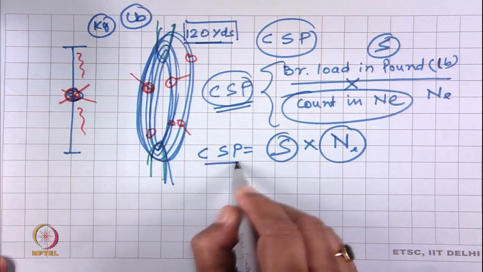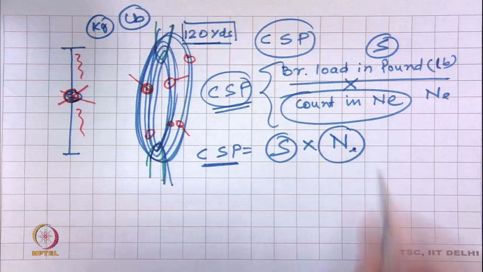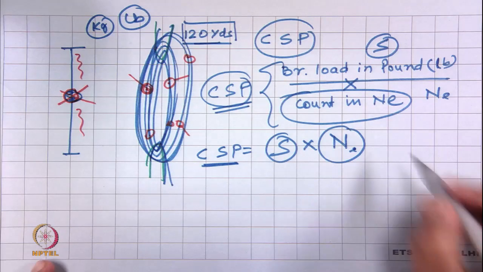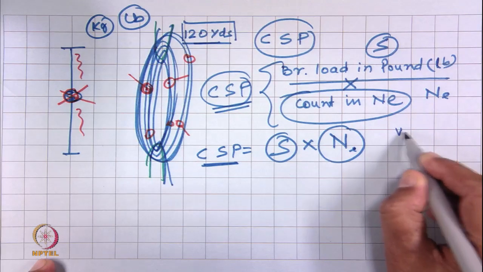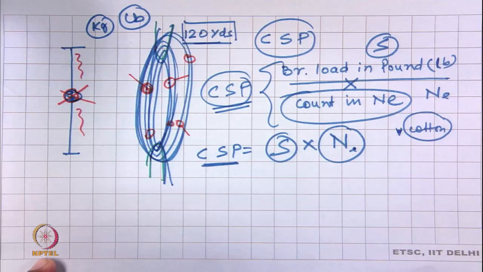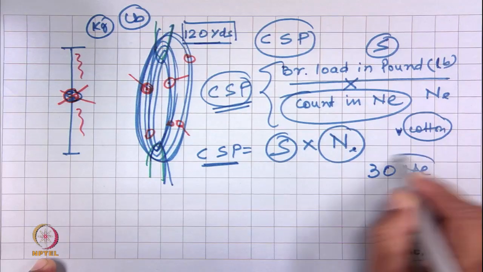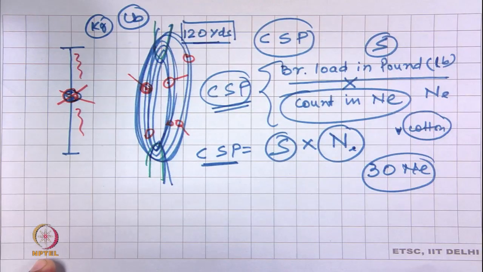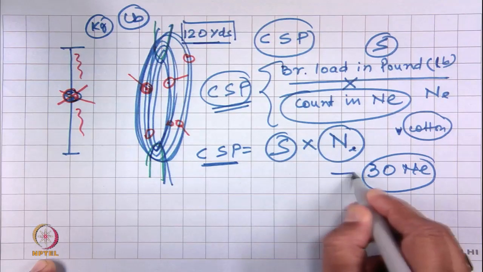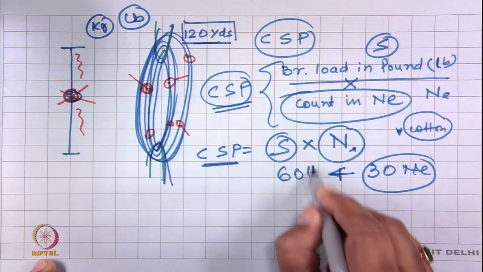Now, say we have prepared a yarn from a particular variety of cotton, and we have got a count of say 30 Ne, and a strength of say 60 pound.